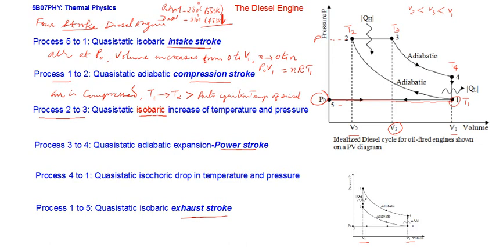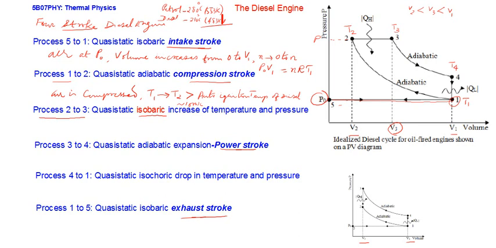In usual cases, the temperature T2 will be of the order of 1000 Kelvin, well above, almost double, the auto ignition temperature. So the chances of diesel undergoing combustion the moment it is sprayed are very high, given the conditions inside the cylinder.